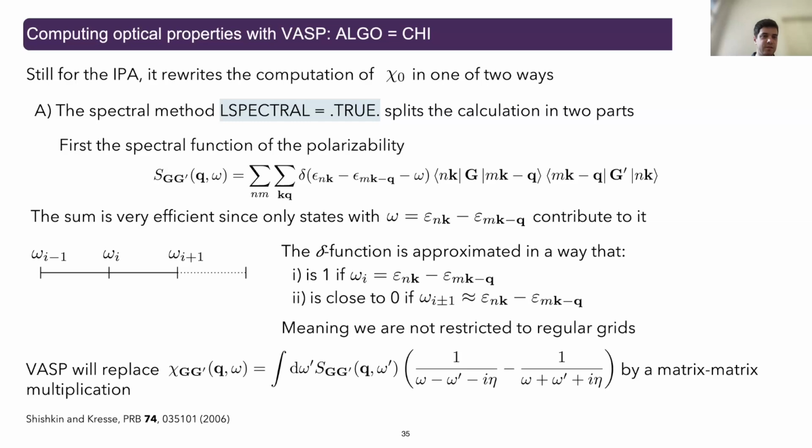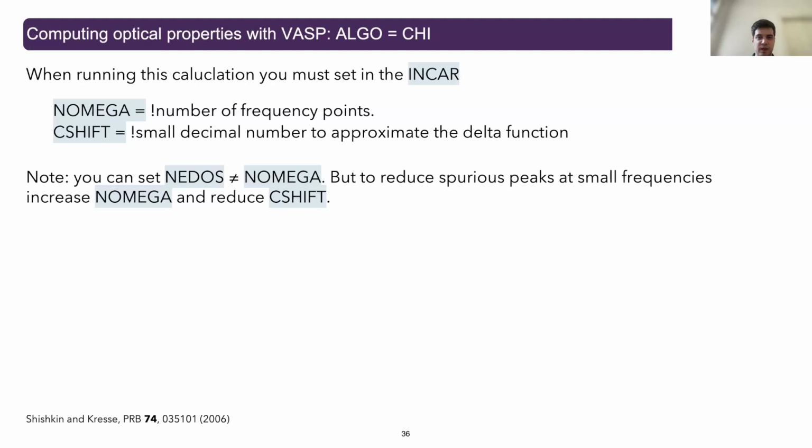Finally, VASP will replace the computation of the polarizability with this integral by a matrix-matrix multiplication, which means that evaluating it is much more efficient since you can take advantage of fast and highly parallelizable LAPACK level 3 routines. In your INCAR, you should set NOMEGA as the number of frequency points and CSHIFT, which again will be used to approximate the delta function and deal with the eta parameter that I mentioned before.